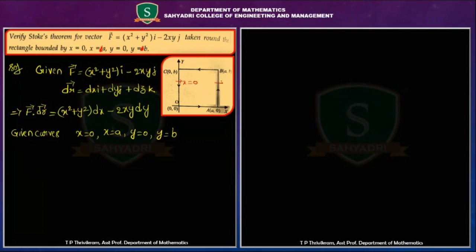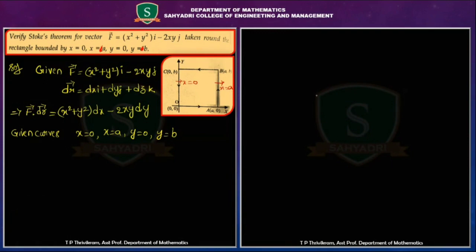So that means this line is nothing but x equal to a. When x equal to a, you have to draw a straight line parallel to the y-axis.